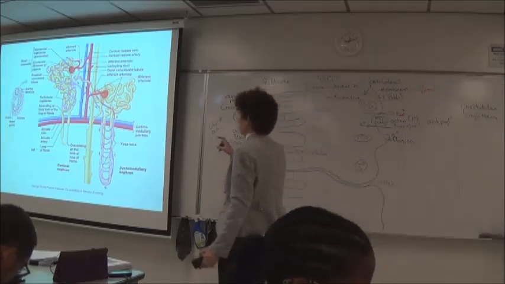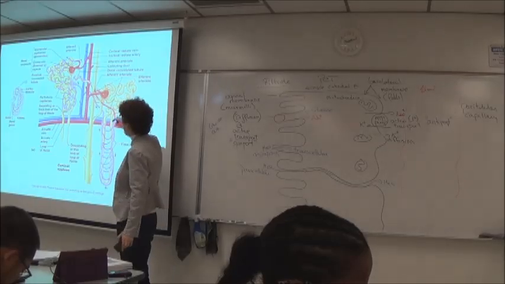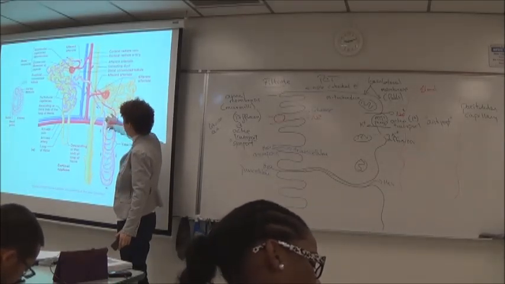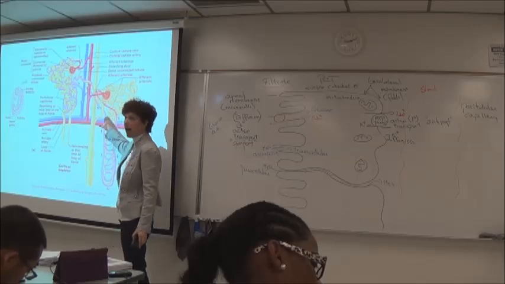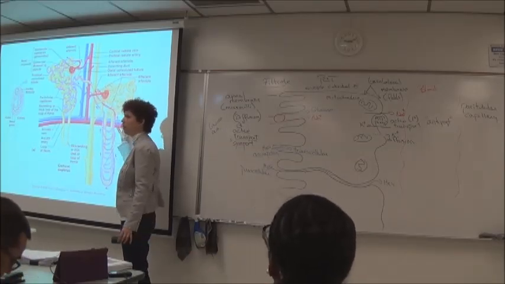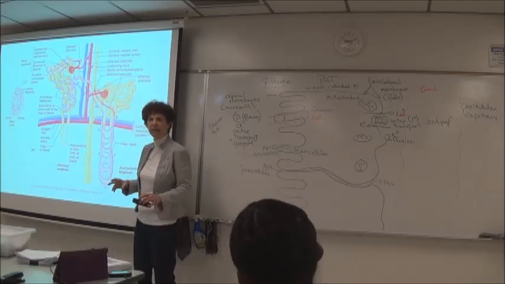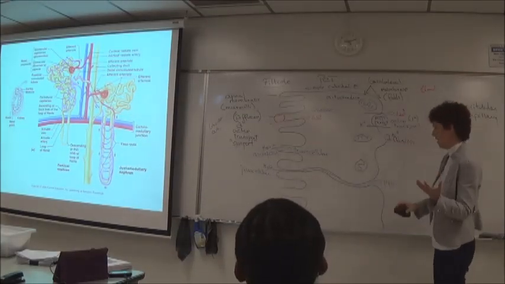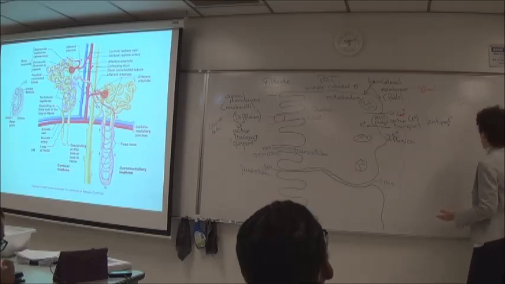By the time the filtrate leaves the medulla in the nephron loop, it is actually hypoosmotic. So normal osmolality, you know what I mean when I talk about osmolality? Osmotic pressure. It relates to osmotic pressure.